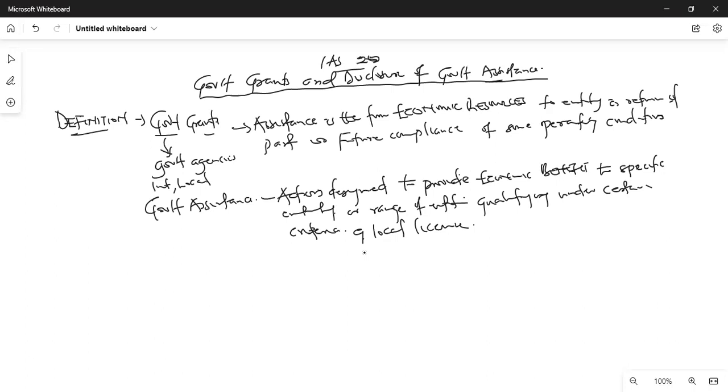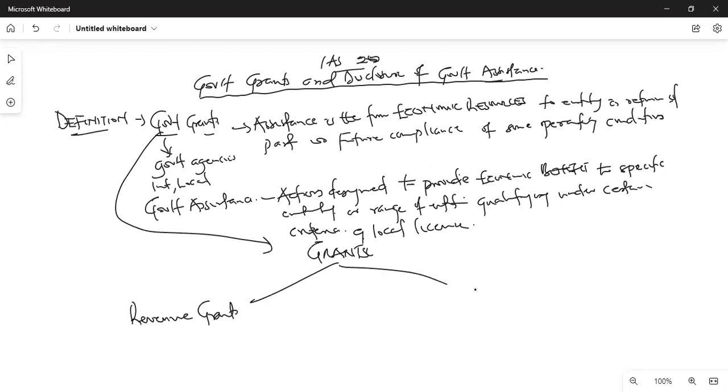That is that. Now, what you are supposed to know is that grants take the form of revenue grants and capital grants. So in terms of talking about grants, we have revenue grants, and we have capital grants. All right.